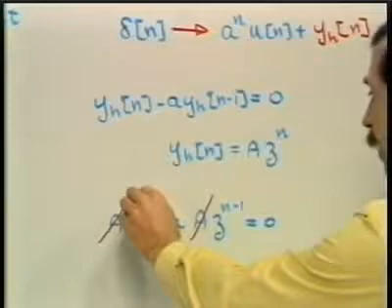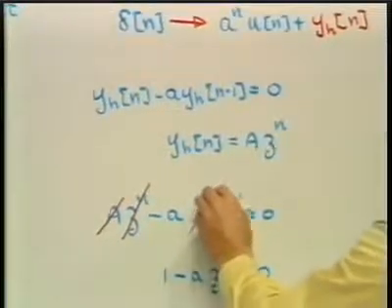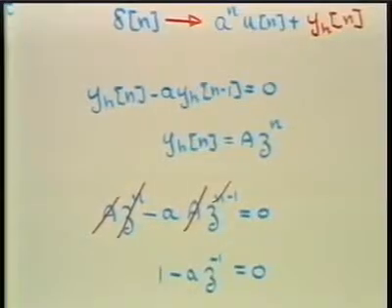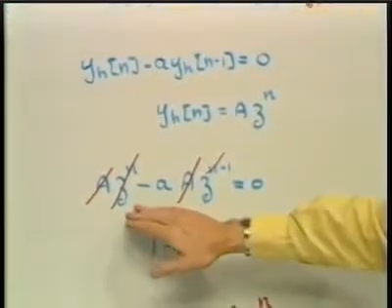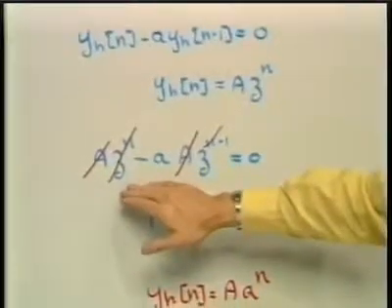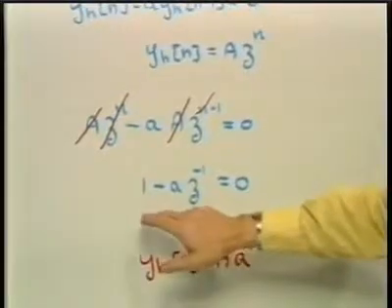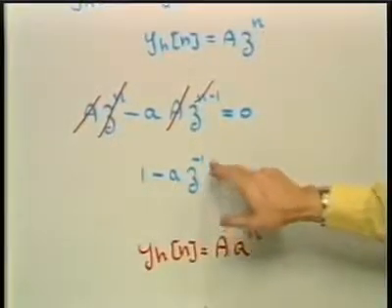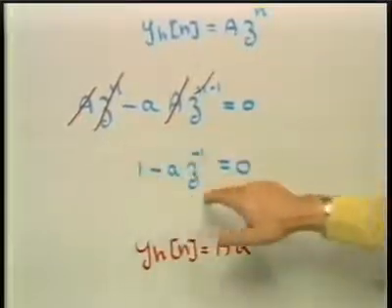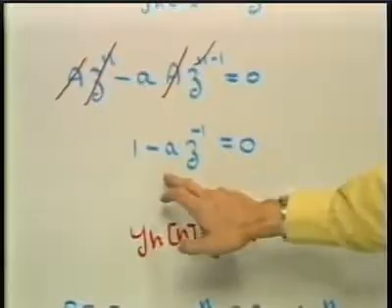And also, in fact, I can cancel out a Z to the n there and a Z to the n here. And so what we're left with is a statement that tells us that the homogeneous solution is of the form A Z to the n for any value of capital A and any value of Z that satisfies this equation, and that value of Z in particular is Z equal to a.